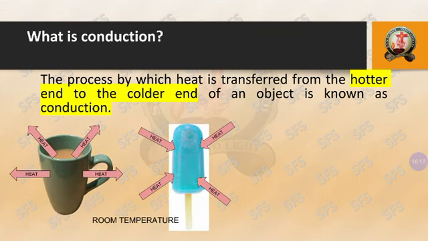Here are a few more examples of conduction I have given. So you can see here, what is this actually? In the first example you can see a hot tea which is kept outside. Since the tea is hot, what is happening? The heat will transfer from the tea to the surrounding. The room temperature will be lesser than the temperature of the tea.